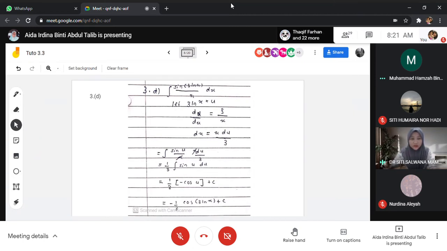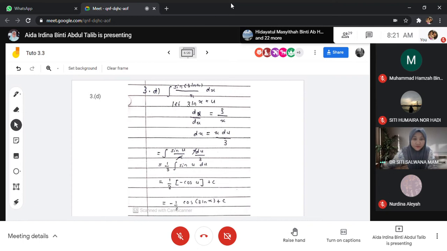Okay, so this one involves a trigonometric function with algebra, which means we take the argument of the sine, that is 3 ln x, as your u, so that the derivative becomes 3 over x. Then you can replace 1 over x dx with du over 3.